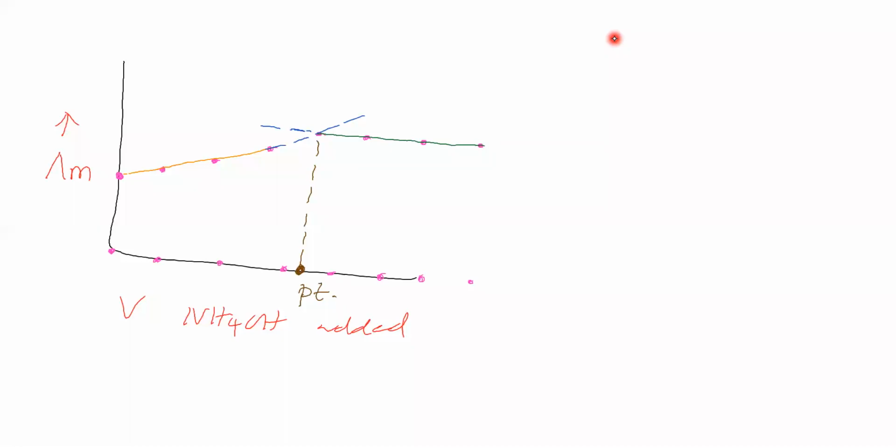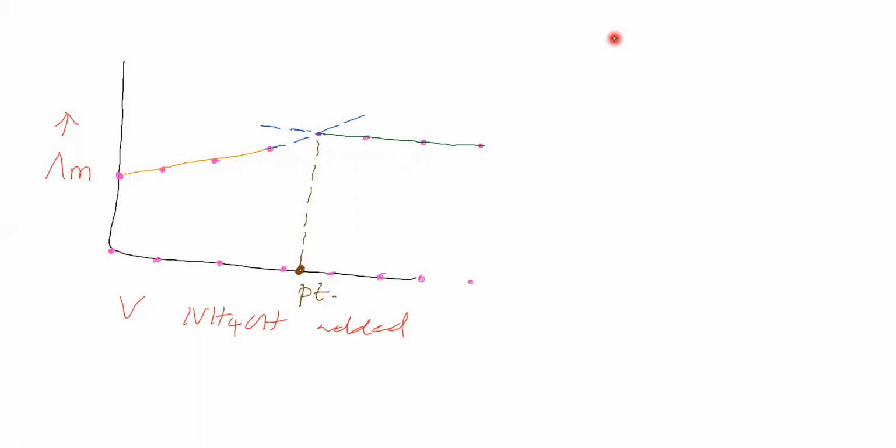Anyhow, the number of moles of ions increases, therefore lambda m should vary somewhat.